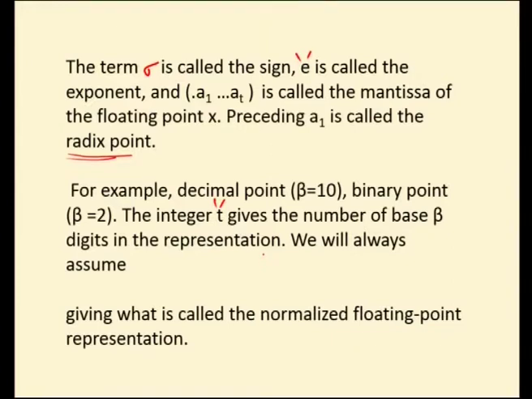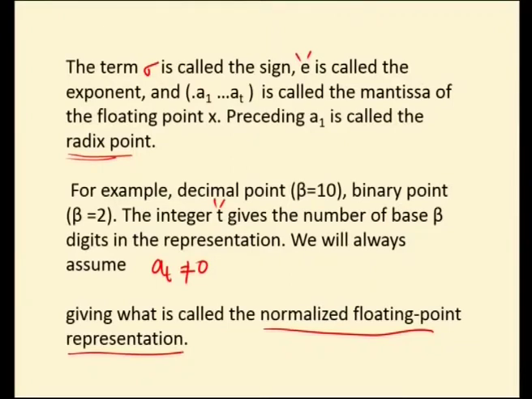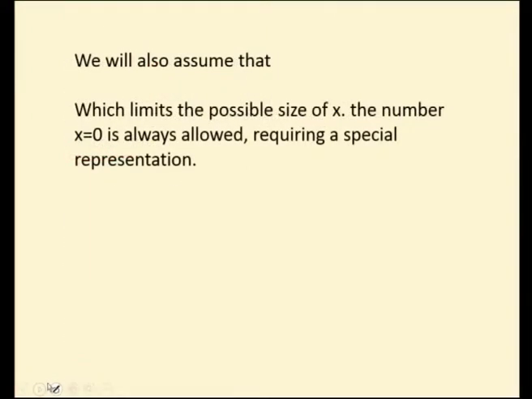We will always assume that a1 is not equal to 0, giving what is called a normalized floating point representation. We will also assume that L is less than or equal to e is less than or equal to U, which limits the possible size of x. The number x equal to 0 is always allowed and requires a special representation.